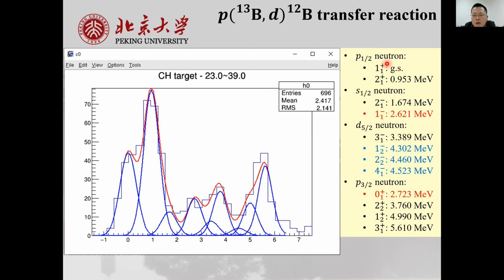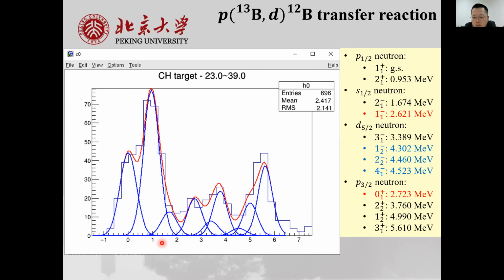We use the known states of boron 12 to fit this histogram, because there have been many studies on the single particle properties of these states. We just use them to fit the histogram and analyze the different components.